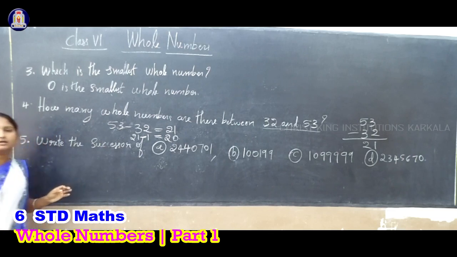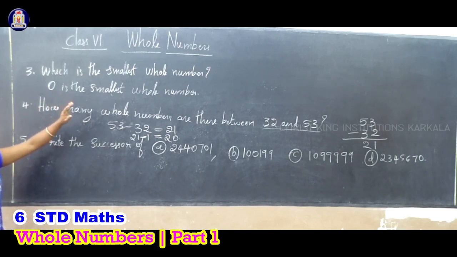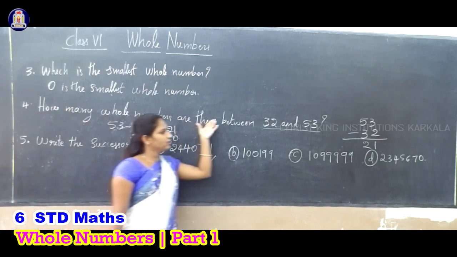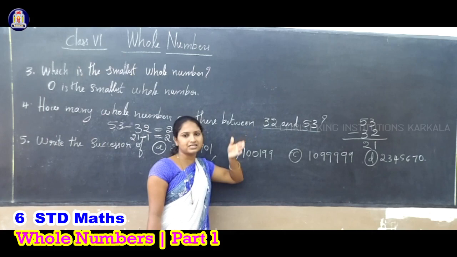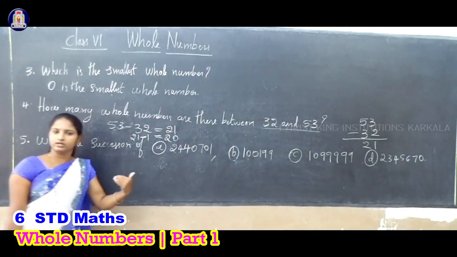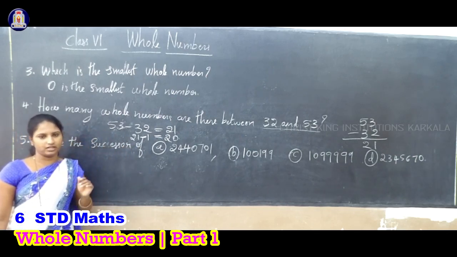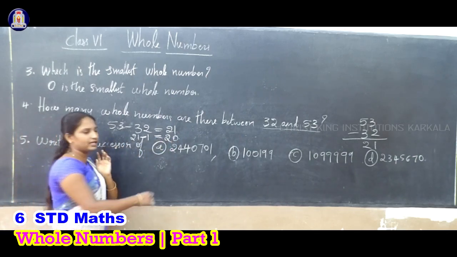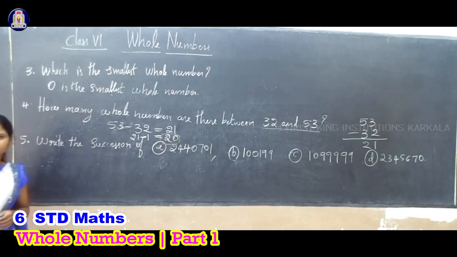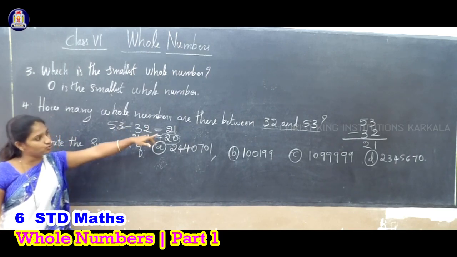Yeah. So this is a method to find the whole numbers between two given numbers. How many whole numbers are there between 32 and 53? You can count and write 33, 34, 35, like this up to 53, and you get the answer 20. Clear? In the subtraction you get 21, so from 21 you have to subtract 1, because we should not include 53.